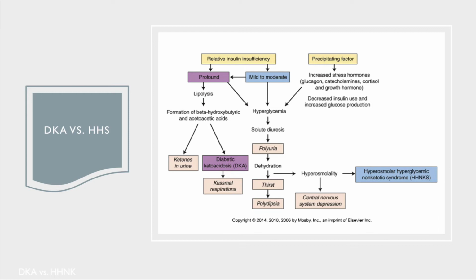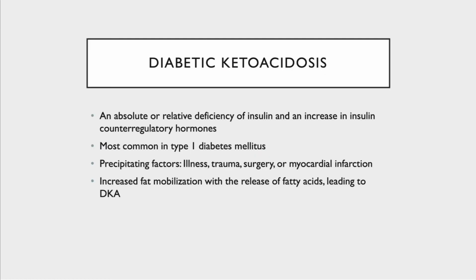So the treatment for any of these people is immediate identification, right? Knowing that people who have acute illness, trauma, surgery, MI, infection, any of those kinds of things will potentially mess up their glucose balance and put them at risk for diabetic ketoacidosis.